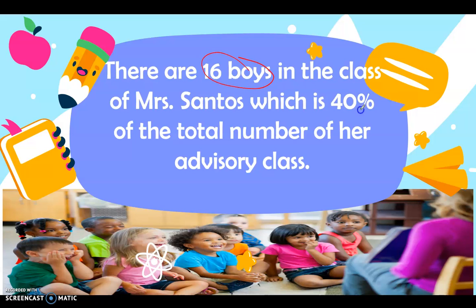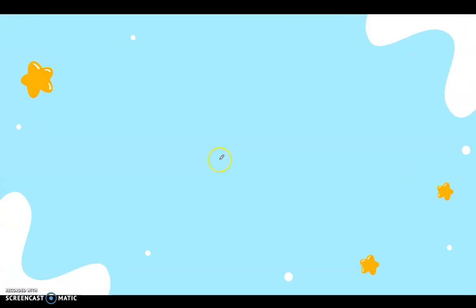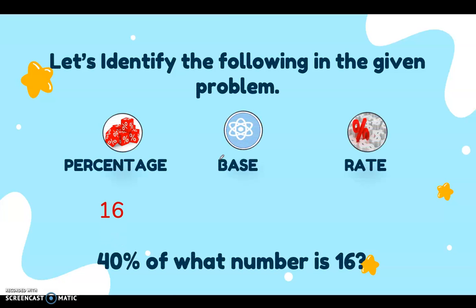And this is 40% of the total number. Therefore, our missing here is the base because the question is how many students are in her class. It is not mentioned how many students there are. So our percentage is 16 boys, the base is the missing, and our rate is 40%.